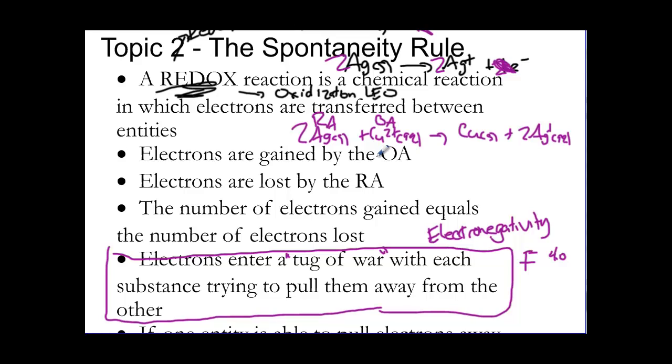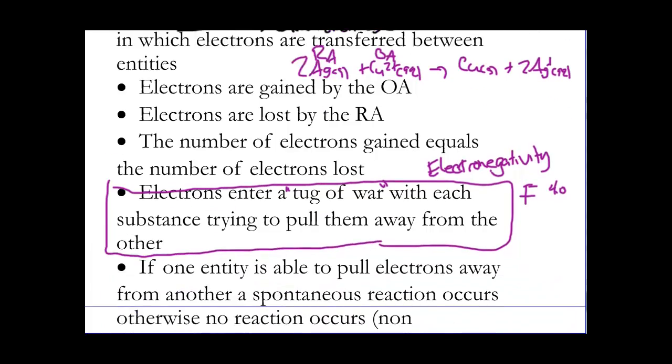Kind of like the typical analogy of a bully trying to beat someone up for their lunch money. Copper is going to say to silver, hey buddy, you have electrons, and give them to me. And so then copper takes those electrons and becomes solid copper, and poor old silver has to become positively charged because it lost its electron.